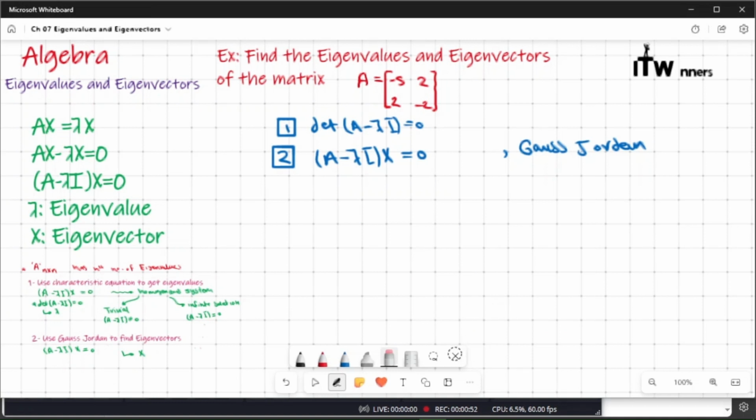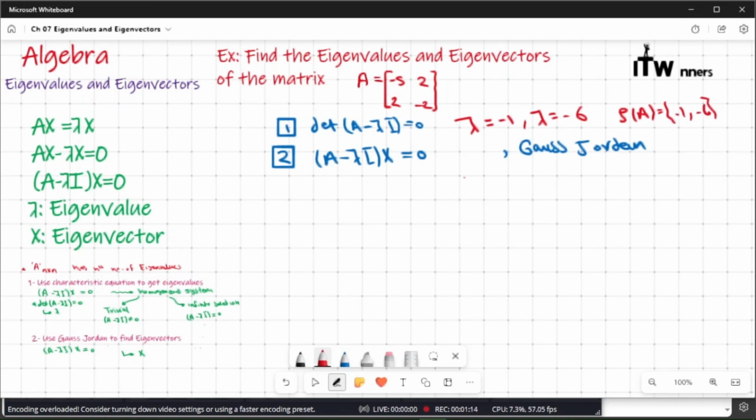So again, our solution: from the first step, we get lambda equal to negative 1, lambda equal to negative 6, the spectrum of A equal to the set of negative 1 and negative 6.